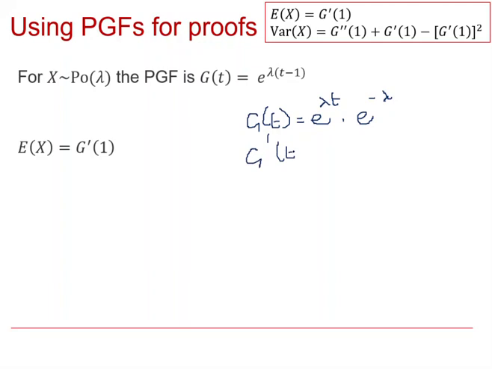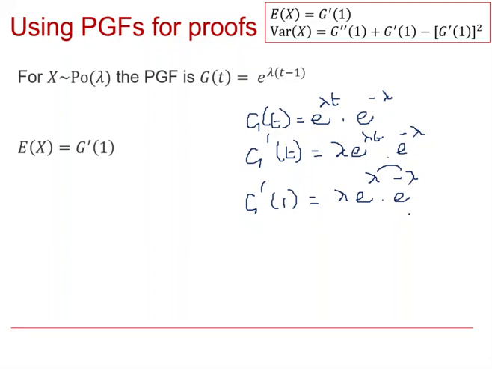So when we differentiate with respect to t, we will get lambda e to the lambda t, and that will still be multiplied by e to the minus lambda, and then when we substitute t equals 1, we will get lambda e to the lambda multiplied by 1 multiplied by e to the minus lambda. e to the lambda multiplied by e to the minus lambda is e to the 0 or 1, so we've very easily proved that the mean for the Poisson distribution is lambda.